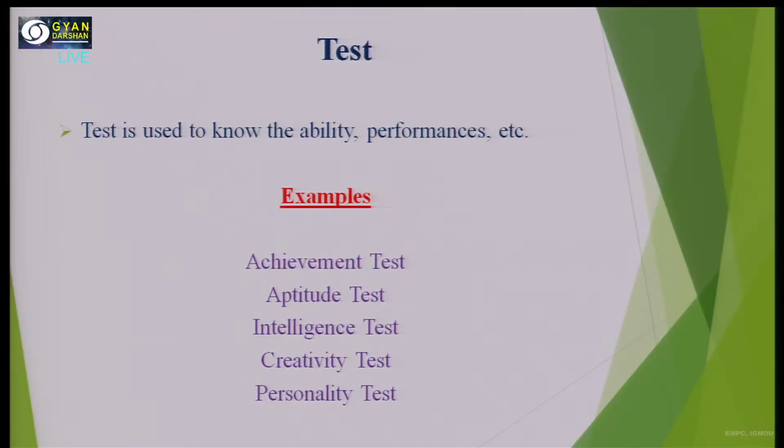So it is based upon the developmental characteristics of the individual, the nature of growth and development, and development of the mental ability. So friends, aptitude is to some extent different from achievement, and you can use these two types of tests in your research. Further, I can also give the example of the intelligence test, creativity test, as well as personality test.